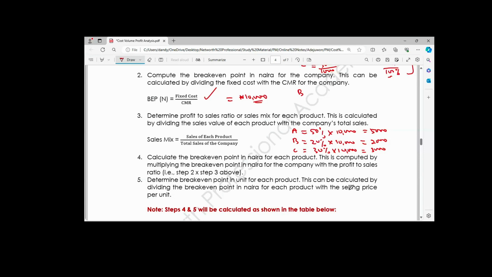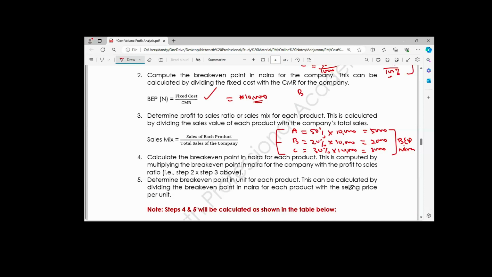All what I have here represent the break-even points in Naira for each product. So for me to now get step 5, which is to calculate break-even points in units, I'm going to divide the break-even point in Naira for each product with the selling price of each product.